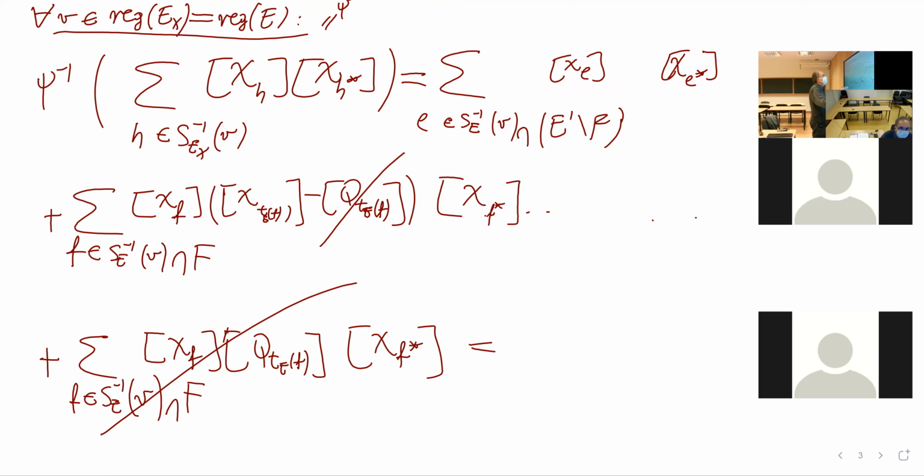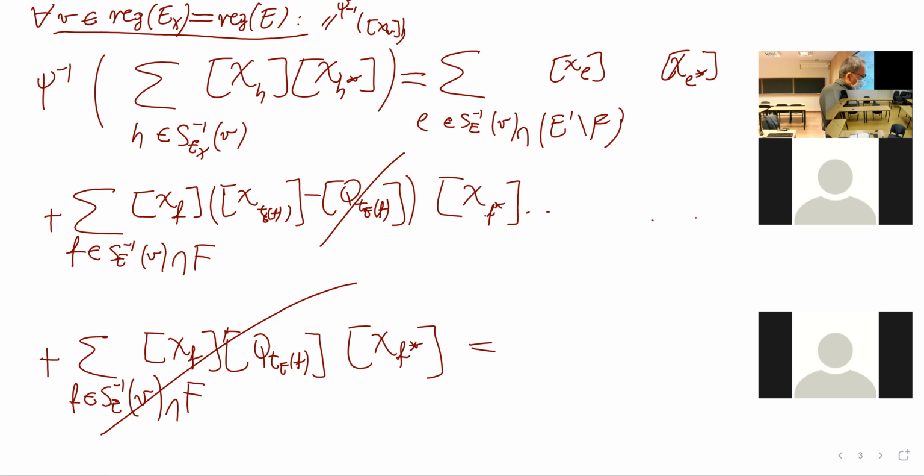Okay. Yeah, I want it to be psi inverse of the class of chi V, right? Because the domain of psi inverse is the Leavitt path algebra. So we have Cuntz-Krieger relations at every regular vertex. So that sum is just equal to the class of chi V. And this is exactly what we were supposed to verify to prove that relation number 5 is preserved by psi inverse.